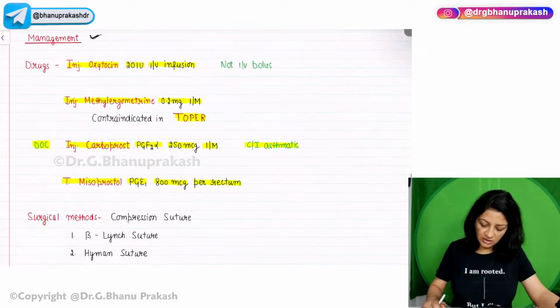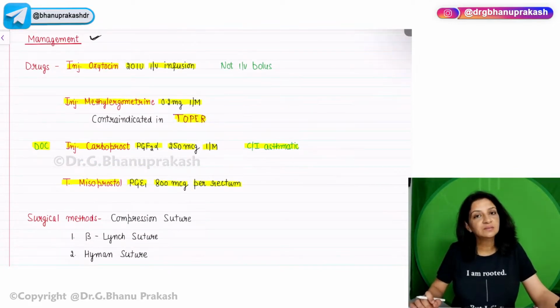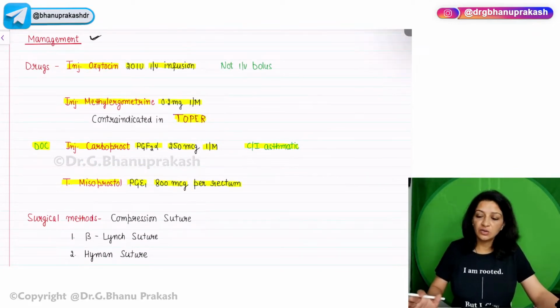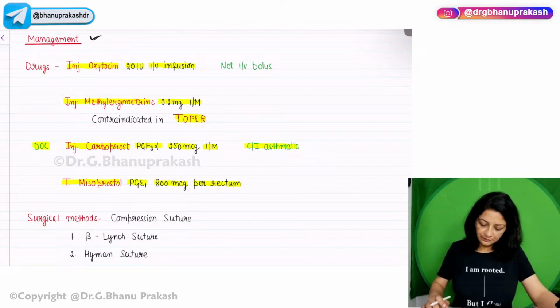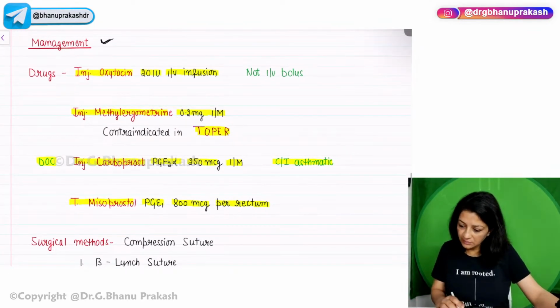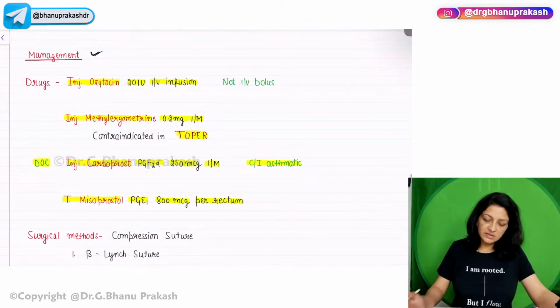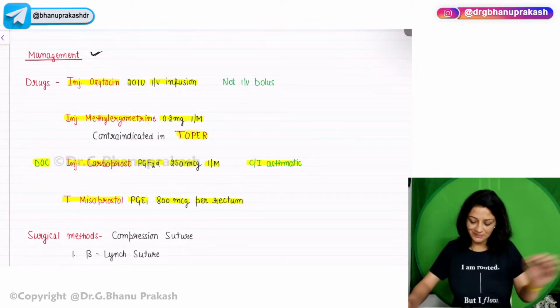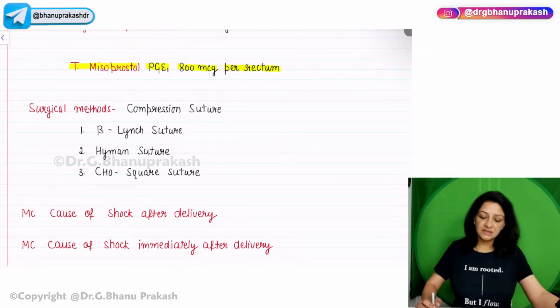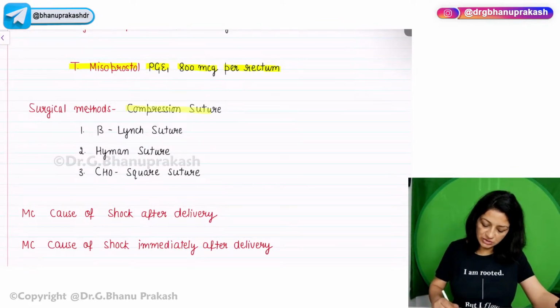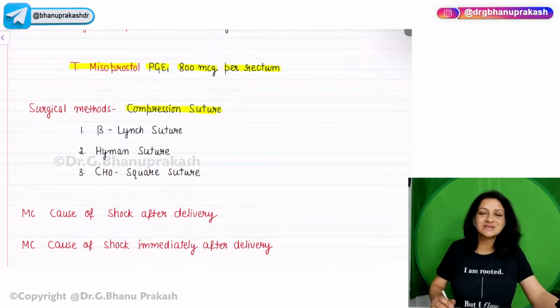So these are the drugs for prevention and drug of choice for postpartum hemorrhage: oxytocin, methylergometrine, carboprost and misoprostol. And surgical methods are compression sutures. Just remember the names of the sutures.